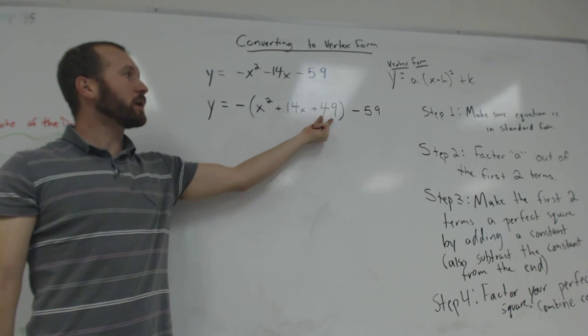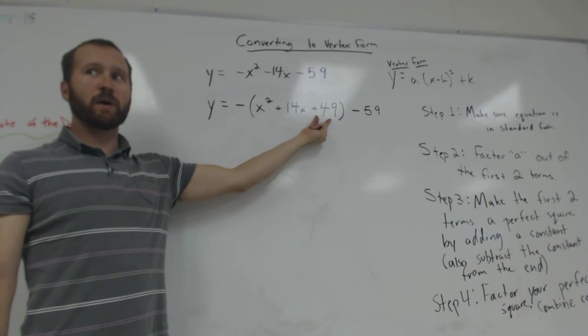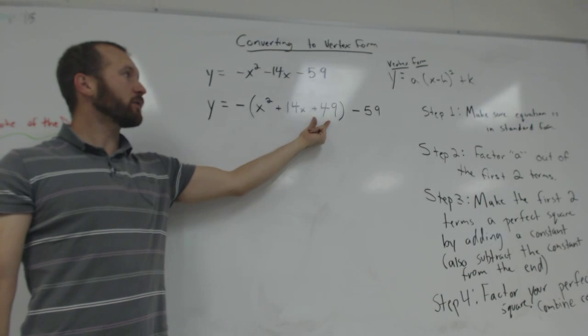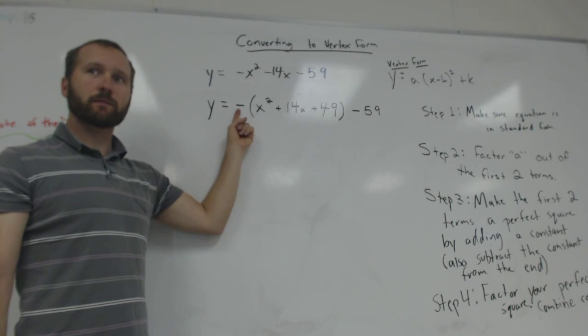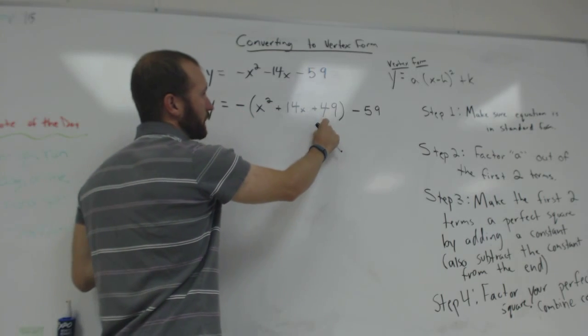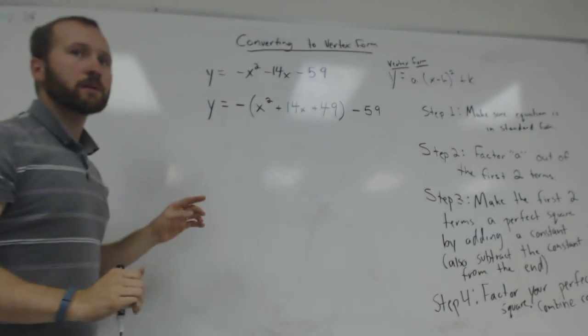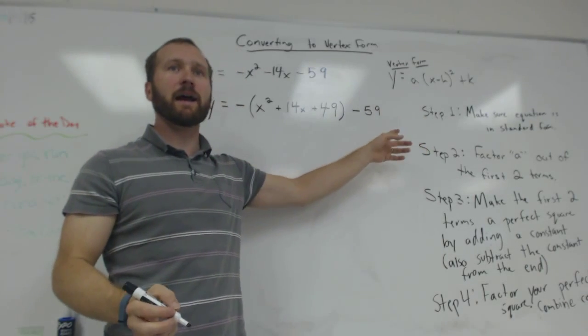I added 49 here, so you have to subtract 49. But this 49 is affected by this negative. So I actually added negative 49. So now I need to subtract negative 49. I need to add 49.